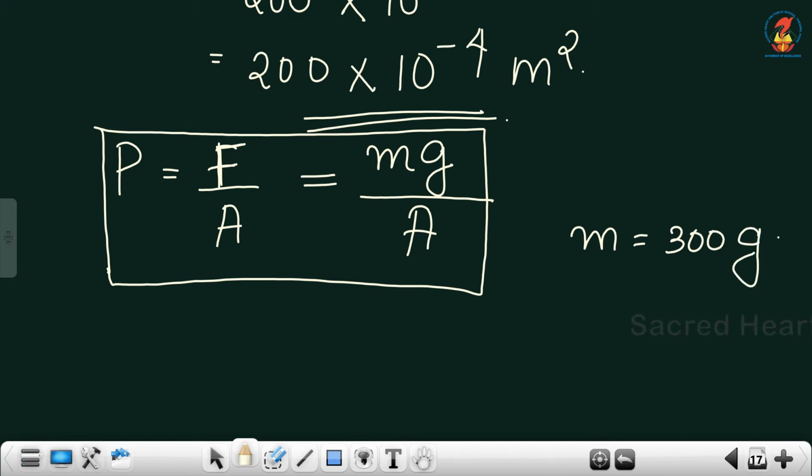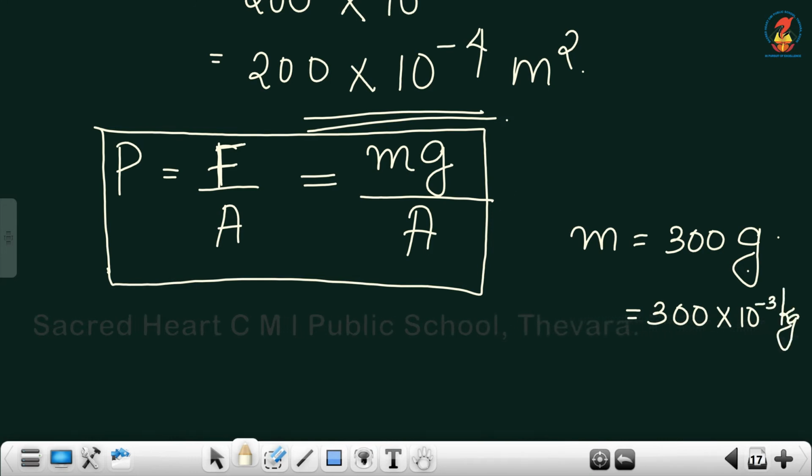Again, the SI unit of mass is kilogram, so we need to convert gram into kilogram. To convert gram into kilogram, multiply with 10 raised to minus 3.